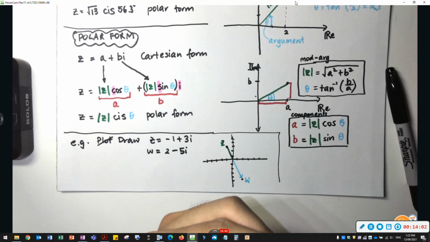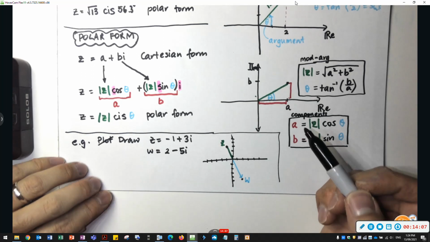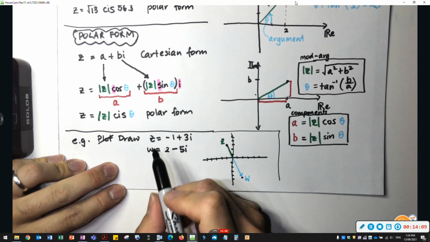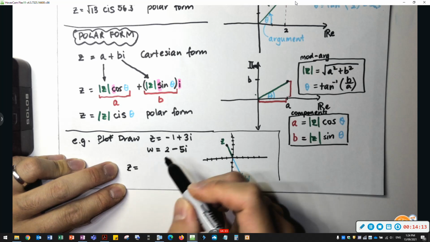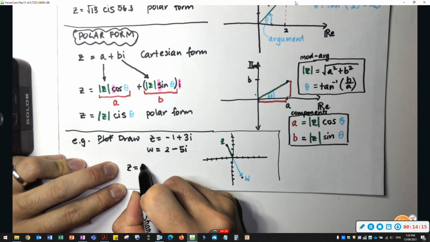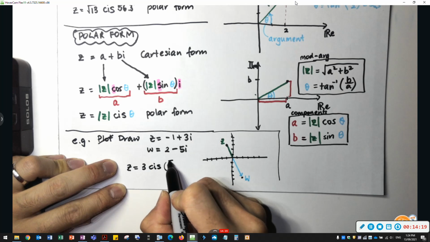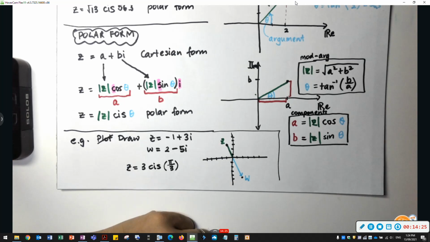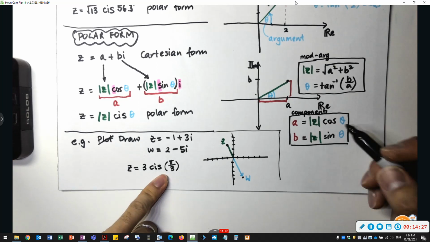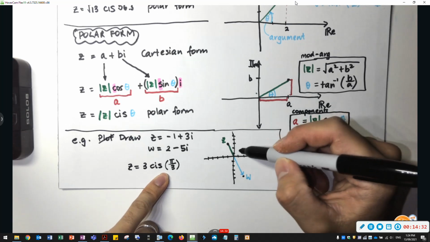Now, questions you could be asked are to convert these to polar form. So I'll draw another complex number. I'll just call it Z also. And you wanted to do 3 cis pi on 3. Okay, so firstly what I would do is work out the argument. So pi on 3 means 60 degrees.